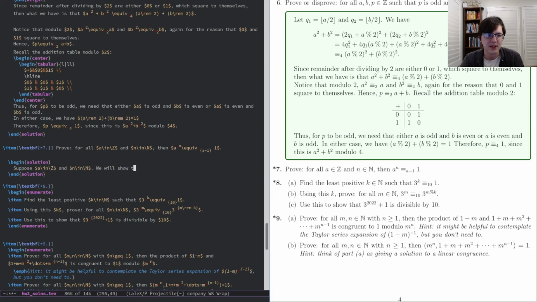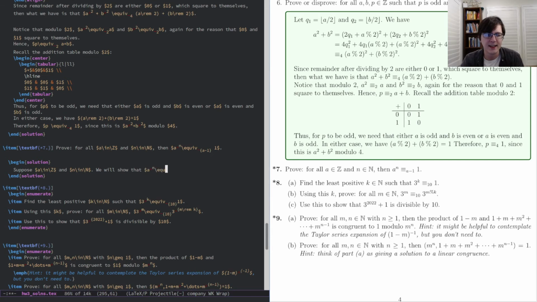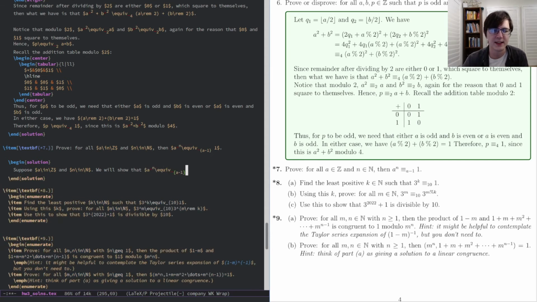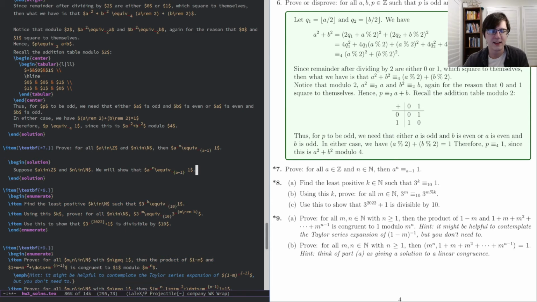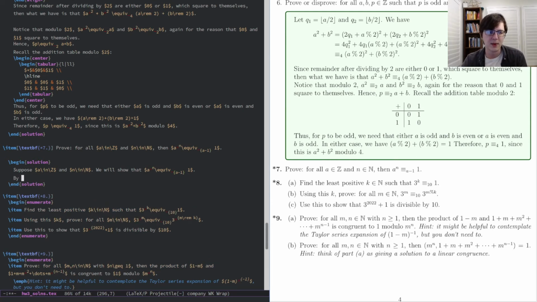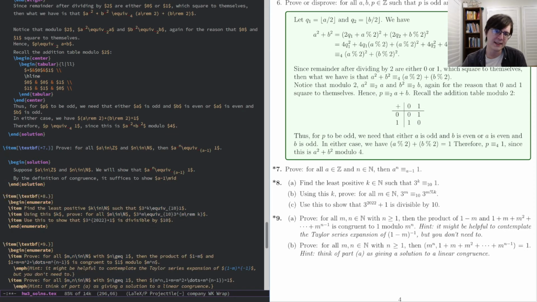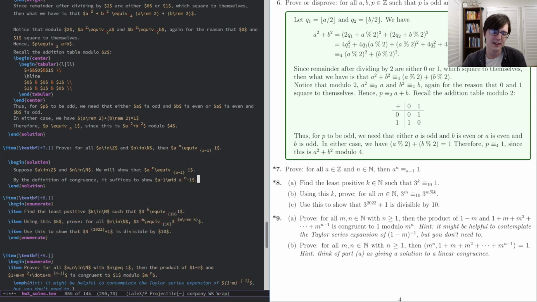We will show that a to the n is congruent to 1 mod a minus 1. By the definition of congruence, it suffices to show that a minus 1 divides a to the n minus 1.